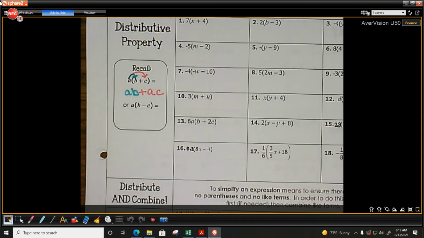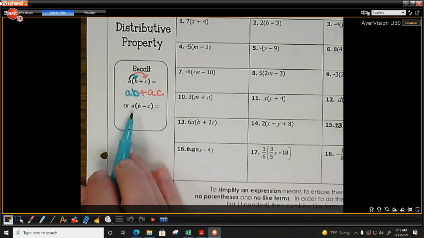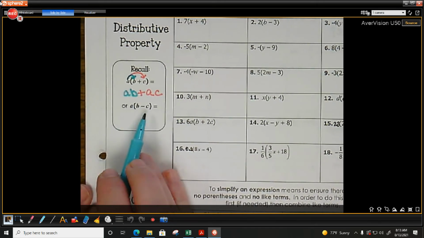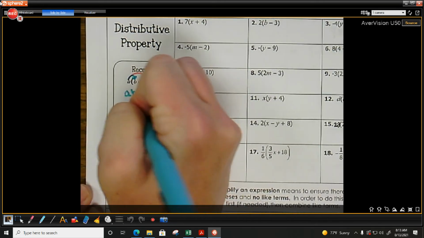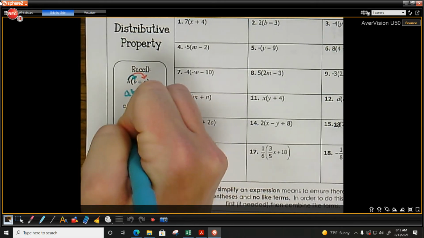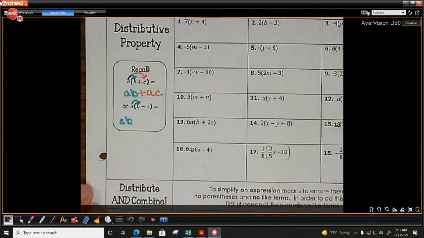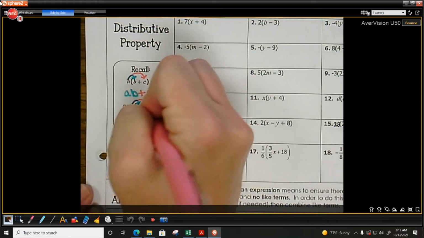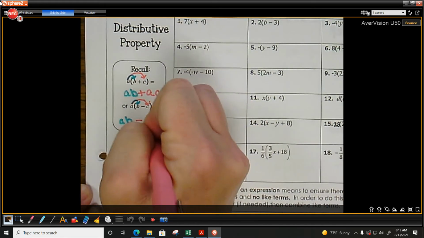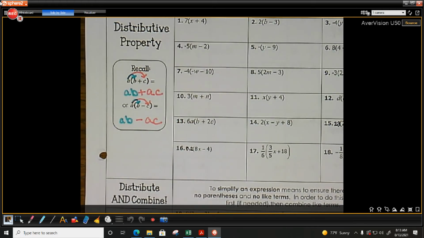Okay? This looks basically the same exact way. It's just now there's a minus. So A times B would be AB. And then A times negative C would be negative AC. I just put that A with both of the terms inside the parentheses. Okay? Again, when you're distributing, what operation are you doing?